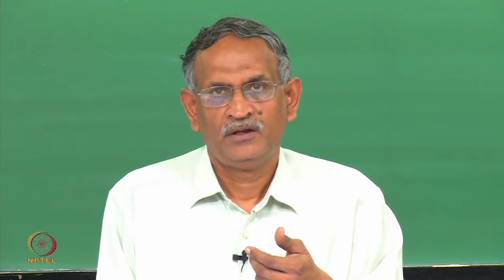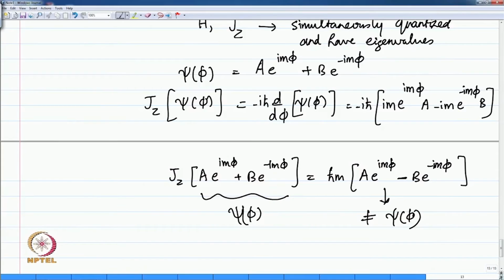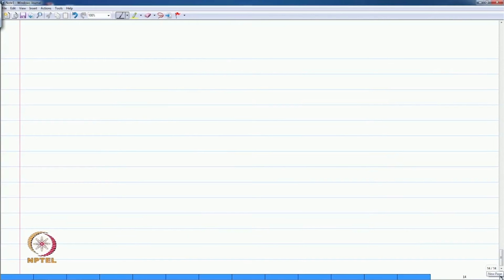An average value can always be calculated. An average value in quantum mechanics is essentially the integral of the wave function star, the operator associated with the measured value, acting on the wave function. You remember that. Therefore, the angular momentum does not have a unique value, but an average value of the angular momentum can always be calculated for such linear combination states, by the same thing, 0 to 2 pi.